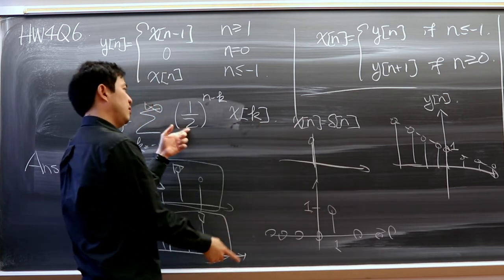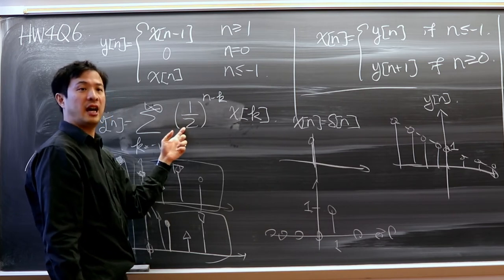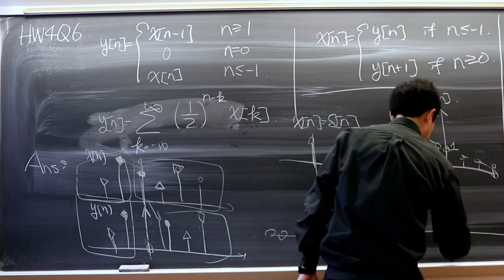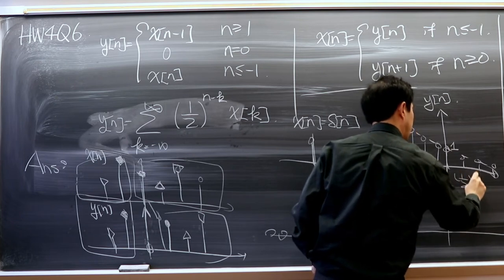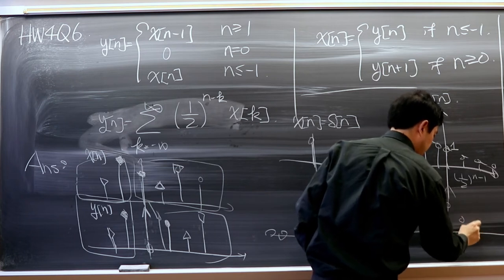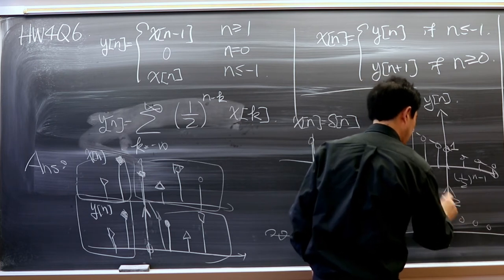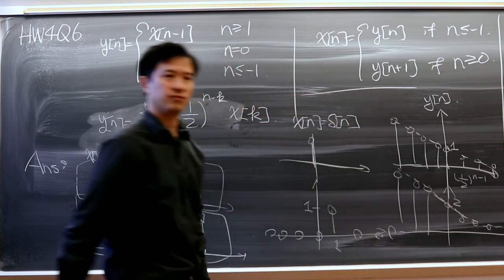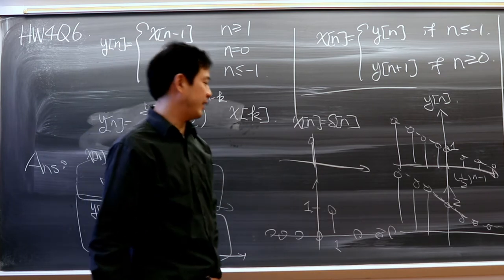Therefore, what remains is 1/2 to the n minus 1. If you plot it, you get another decaying signal, but the height is 2 here. And they are not the same. So I'm not there yet.